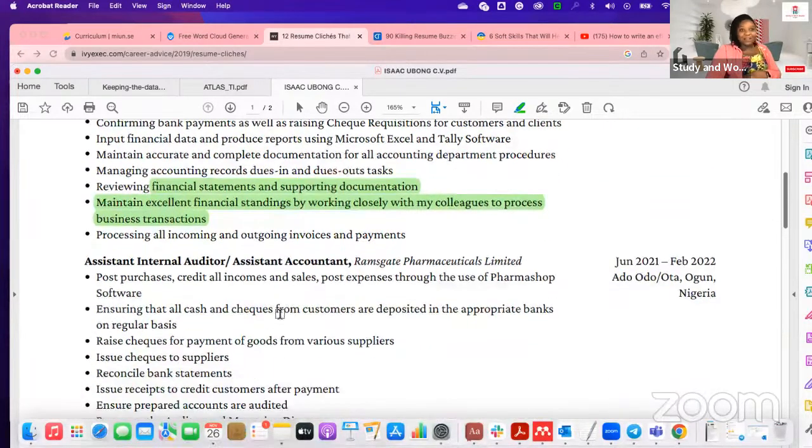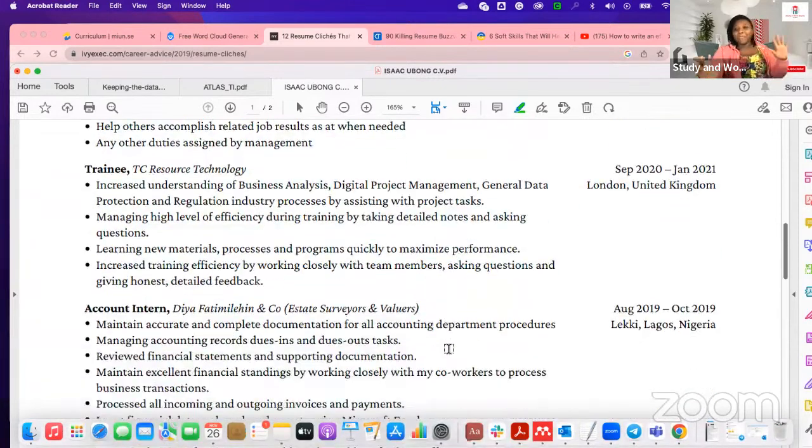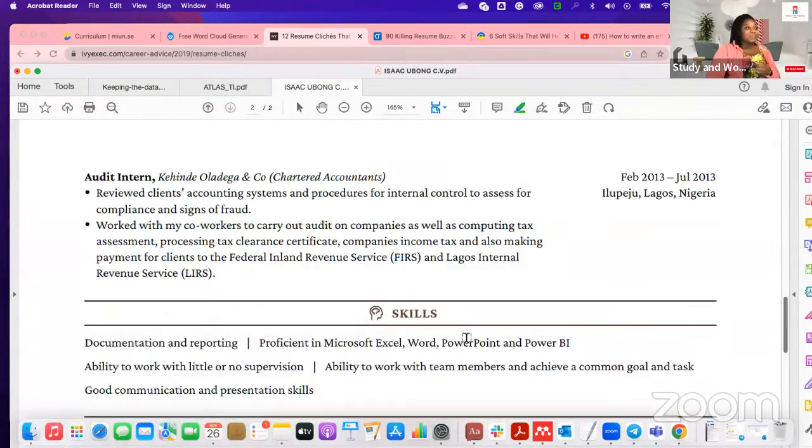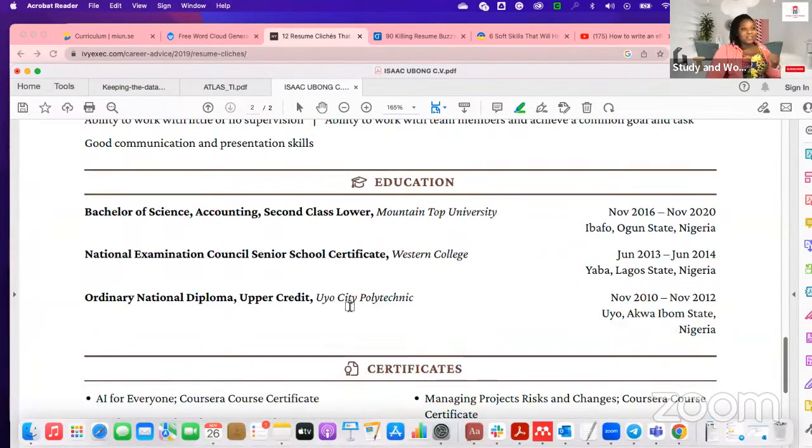And through my research, I also found out that many employers are talking about the fact that CVs mostly contain technical skills and less of soft skills. Okay, so mostly you have the things that you do, and then you see all the technical skills.